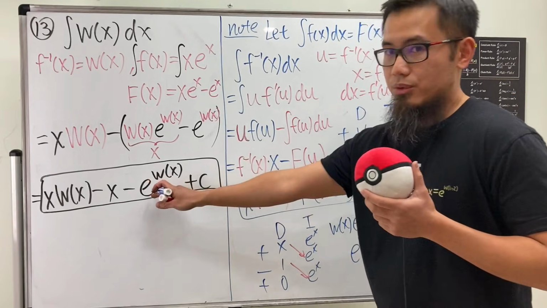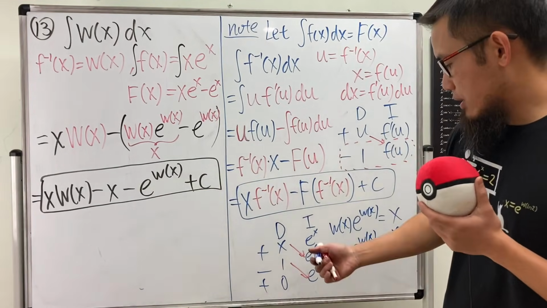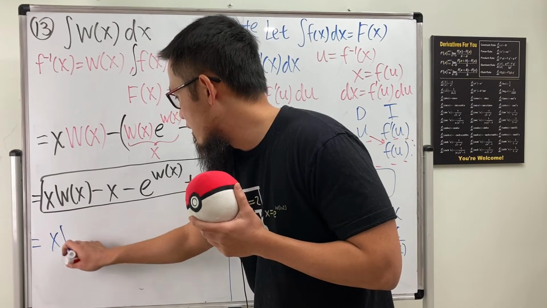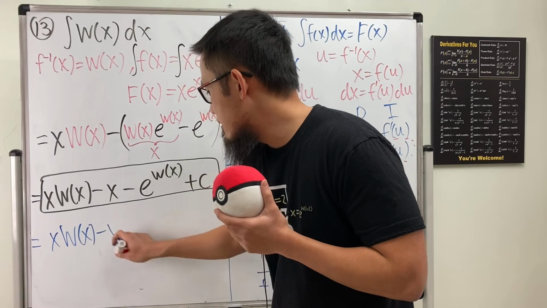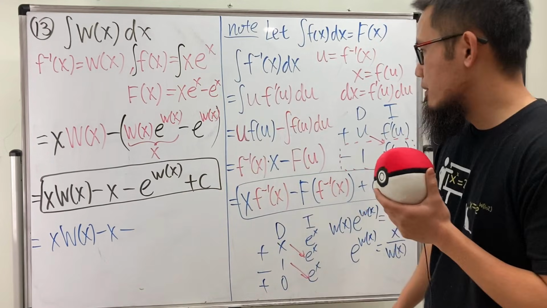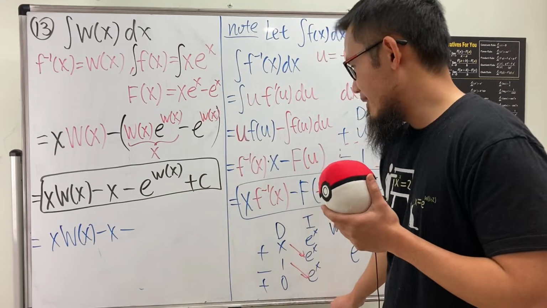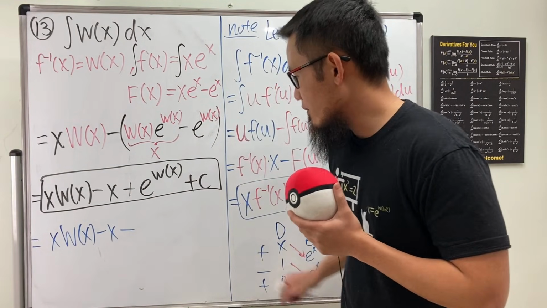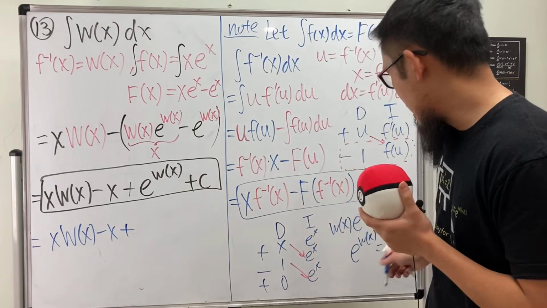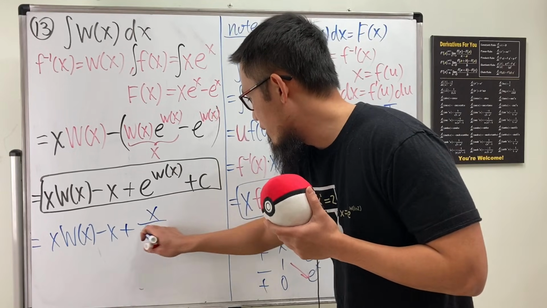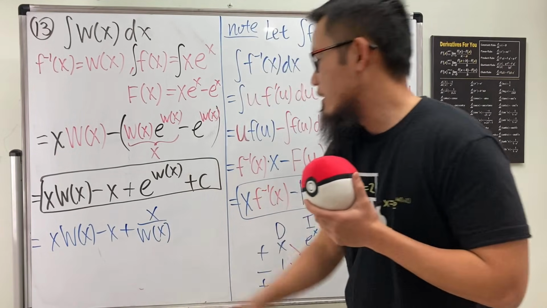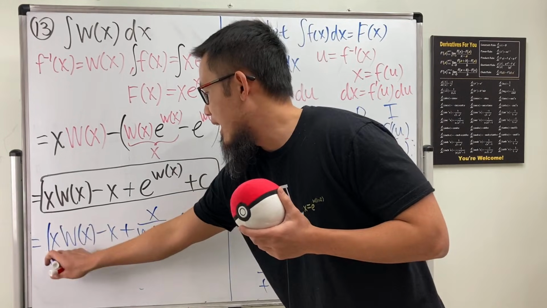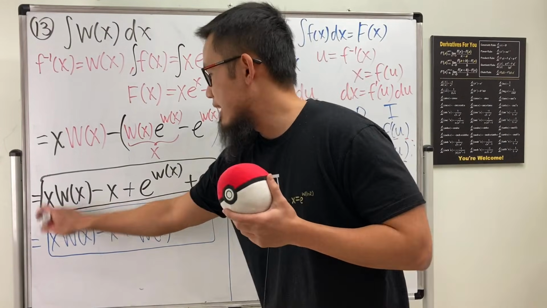So they just replace that with this. So finally, I will also give you guys the answer: x W of x minus x, I'm sorry, minus of course is a plus, and then here we have x over W of x. That's it. Put a plus c like that. All right.